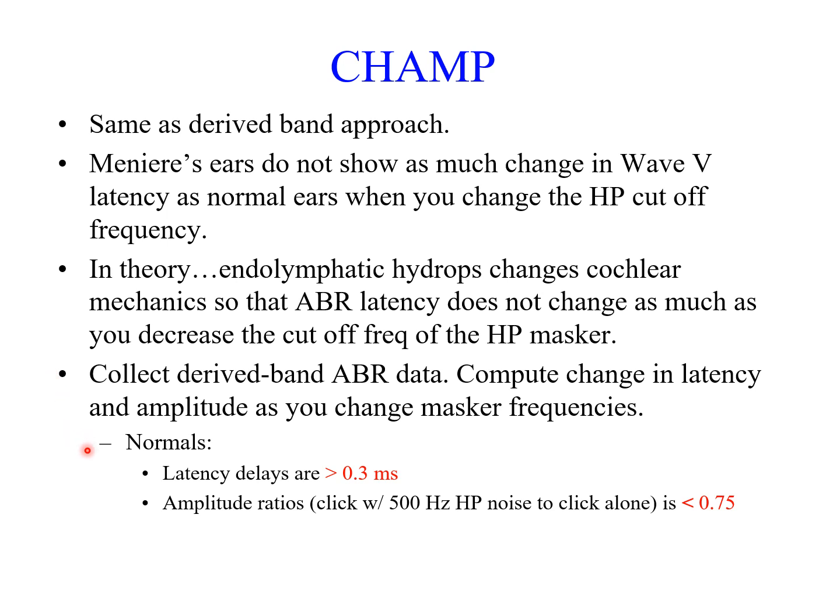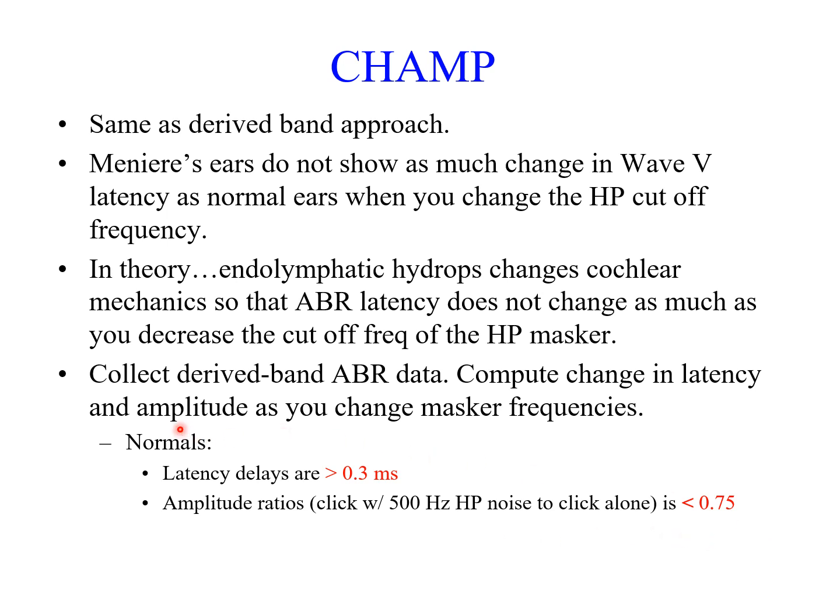In normal people with no Meniere's disease, you expect to see latency prolongation that is longer than 0.3 milliseconds. In terms of the amplitude ratio, we would compare the wave 5 amplitude produced by clicks with high-pass noise cutoff frequency at 500 Hz to ABR wave 5 evoked by clicks alone. The amplitude ratio is going to be less than 0.75.